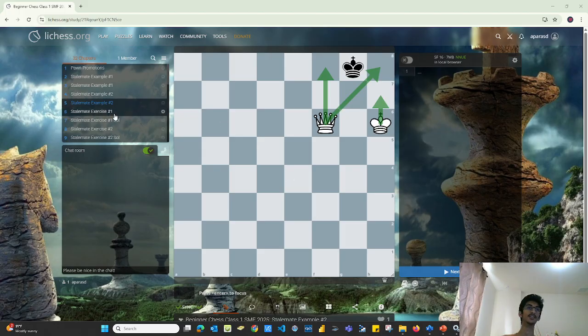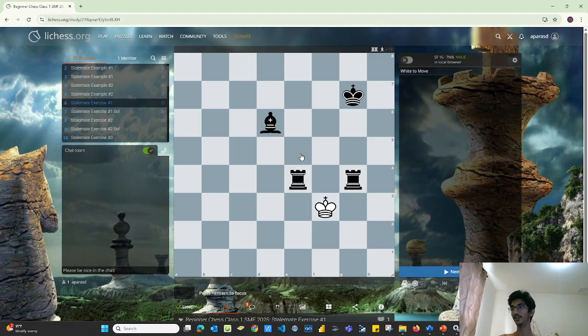So let's continue. Over here, it is white to move, and I want you guys to try and figure out if white is in stalemate or not. Does white have a legal move? That is what they say sometimes, but it's basically the same thing as does white have a move that is allowed?